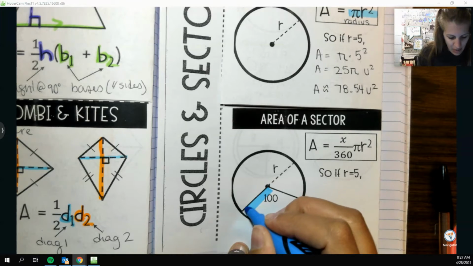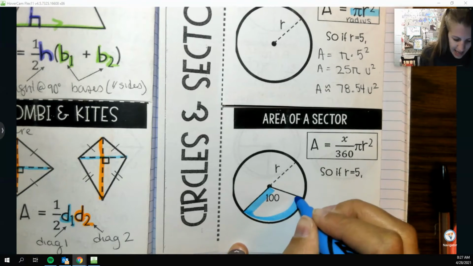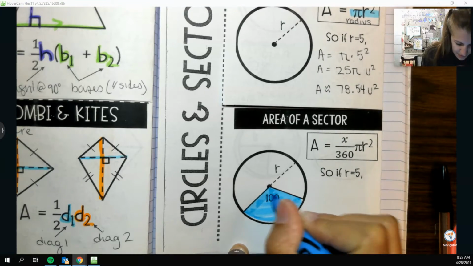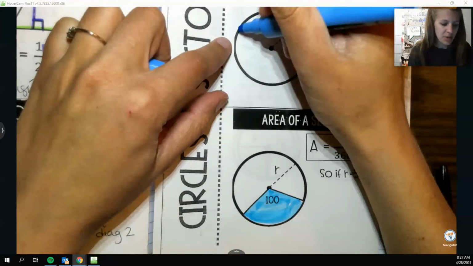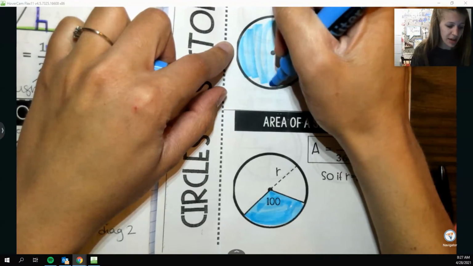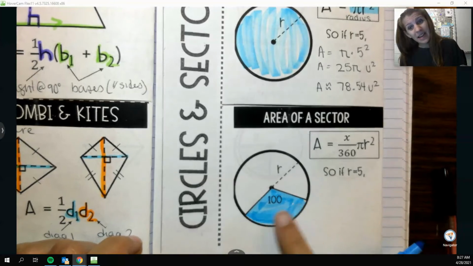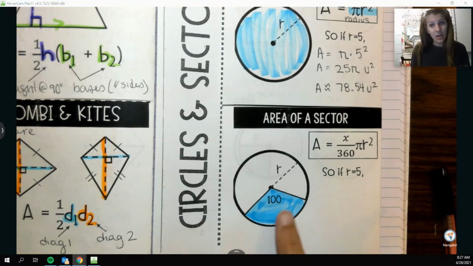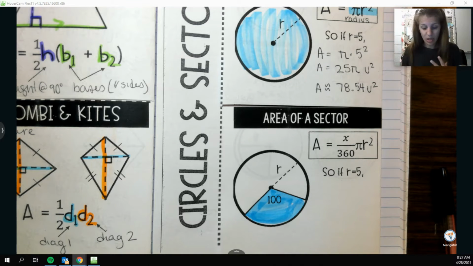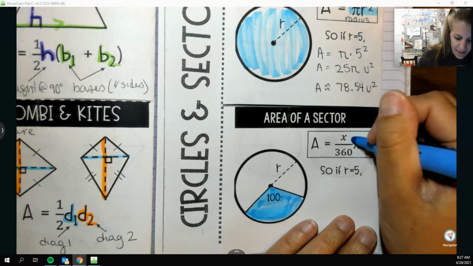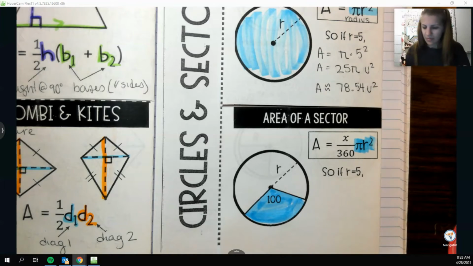So let's say, for instance, I wanted to just find how much pizza right here I ate. So this one, we're finding the full area of the pizza, all that stuff. But if this one I'm only finding that much, because that's the only area of the pizza I want to eat, then it's like I'm doing a portion of the circle. So when I'm finding the area of a sector, I have the area of a circle right here.